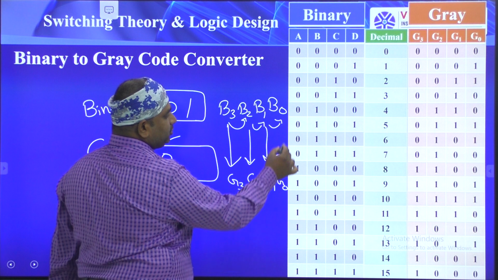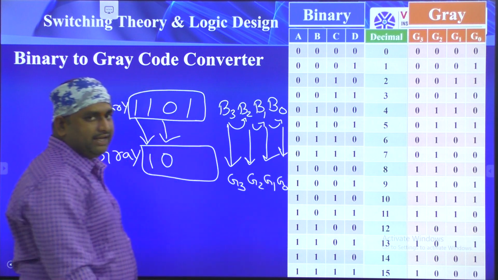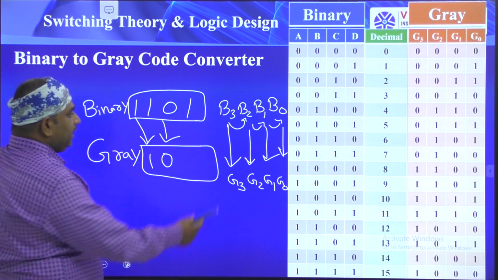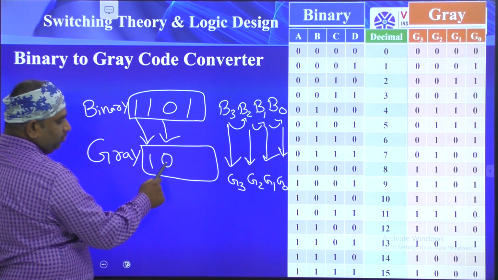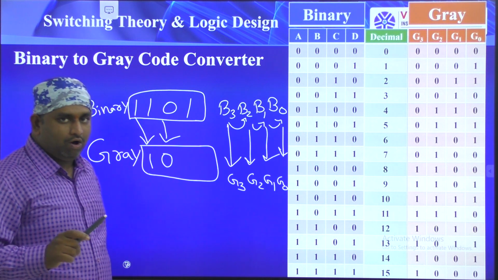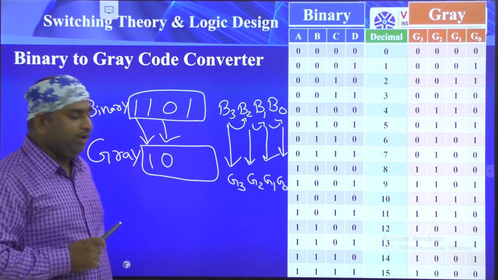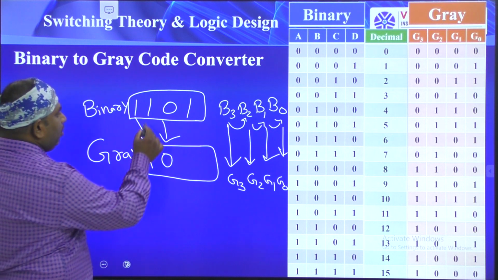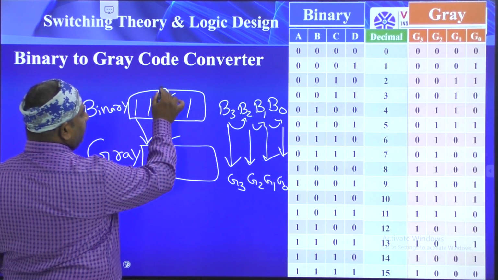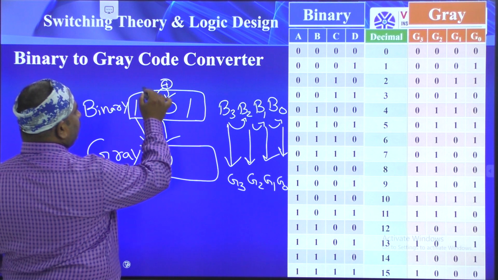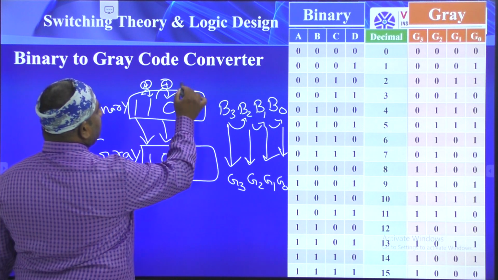Then you add the last two bits and write the result as G0. So 1 plus 1 equals 0: for an exclusive OR gate, if both inputs are 1, 1, the output is 0. Now perform exclusive OR operation between the next bits.